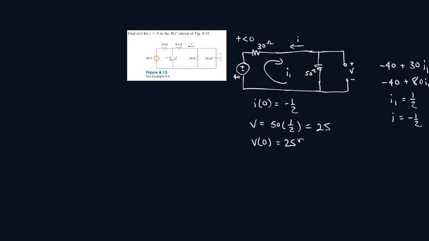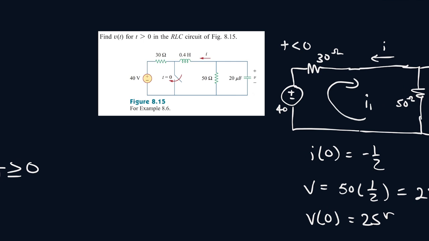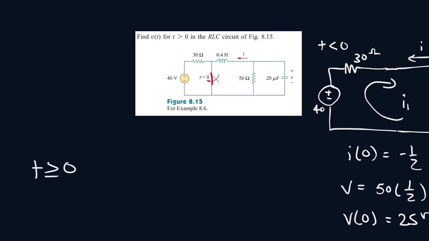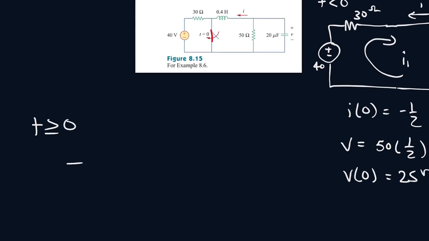Now let's draw the circuit when t is greater than or equal to 0. This switch is flipped. So our circuit pretty much looks like the following.